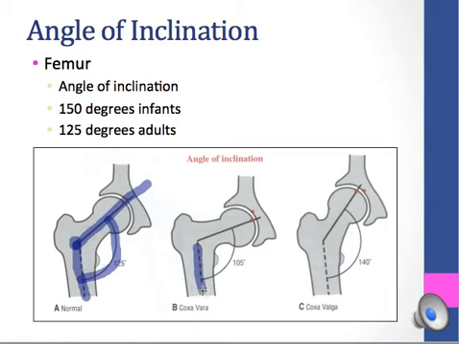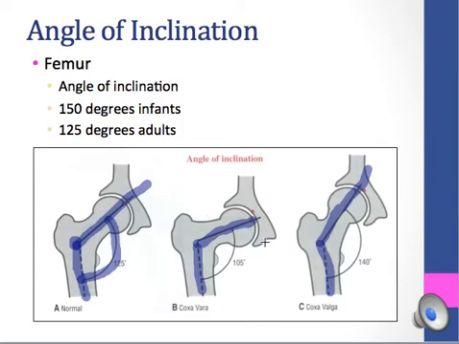So we start to see that coxa vara has a shorter angle and it's not as sharp. We see that there's increased congruency of the femoral head into the acetabulum. If we have a larger angle, we're going to know that that's coxa valga, as we move into that larger angle of inclination.